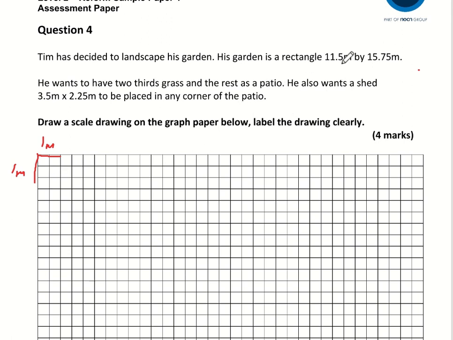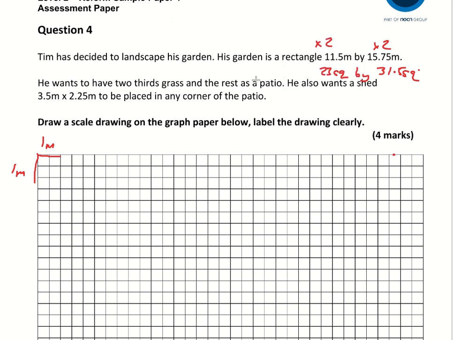Okay, so 2 squares is 1 meter. So if we've got 11.5 meters, if I double that and I double that, then I can work out how many squares. 11.5 times 2 is 23 squares, and 15.75 times 2 is 31.5 squares. So I'm going to count across. I said there was 34 in total going across, so it's 33, 32, 31.5.